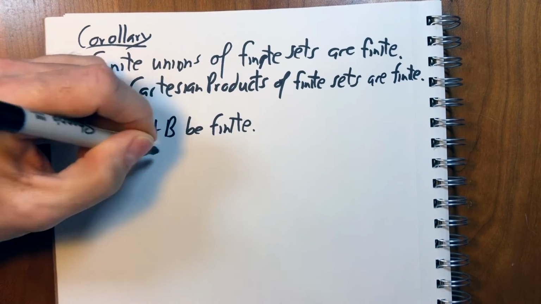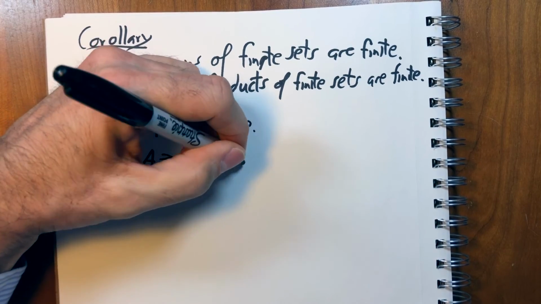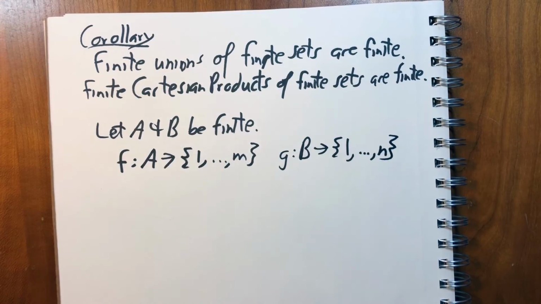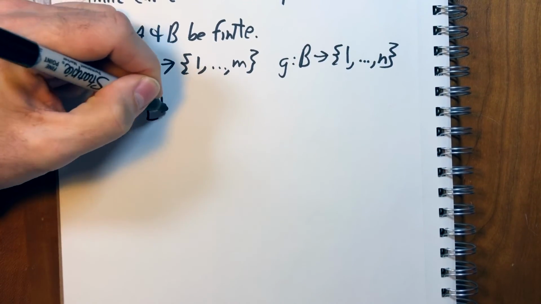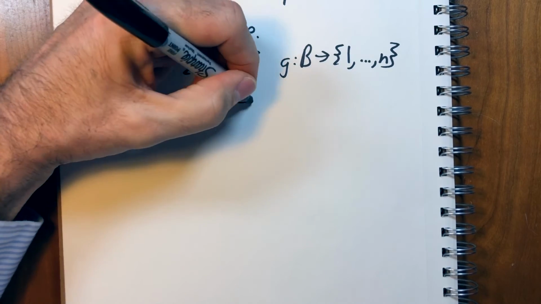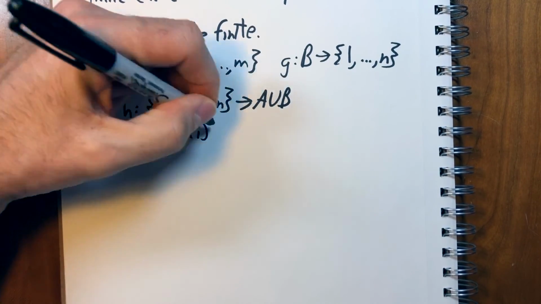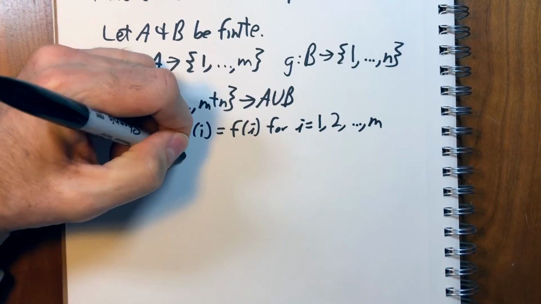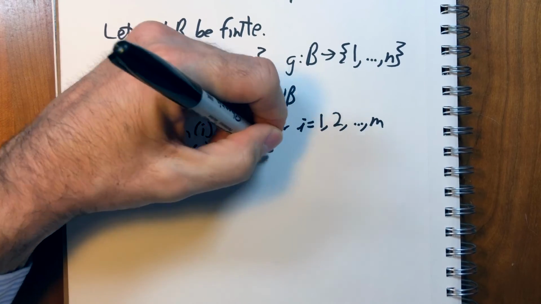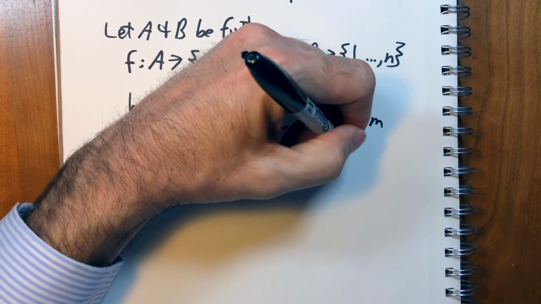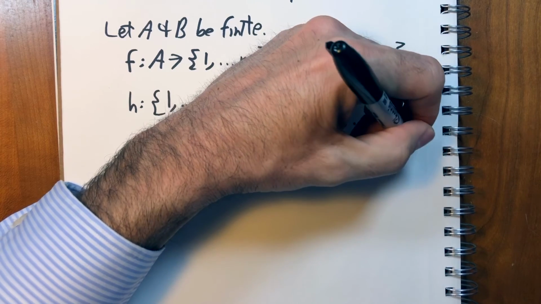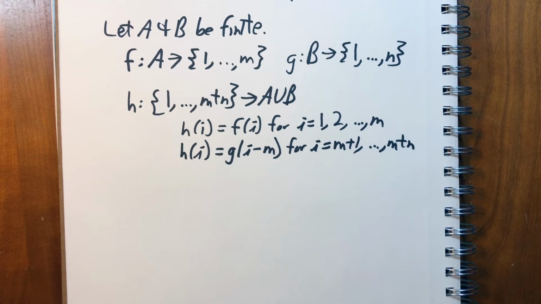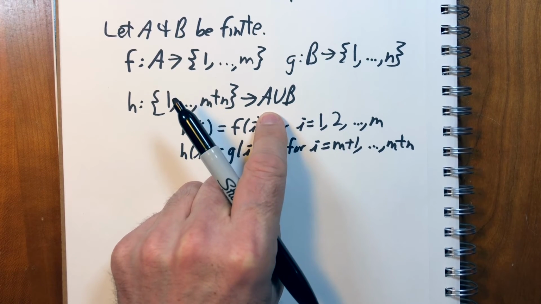Otherwise, there are two bijections, F from A to 1 to M and G from B to 1 to N, for some choice of M and N. We can define a function h from the section up to M plus N to the union of A and B by setting h(i) equals f(i) for i up to M, and then h(i) equals g(i minus M) for i from M plus 1 up to M plus N. It's easy to check that this is bijective, and from that, it follows that A union B is finite.